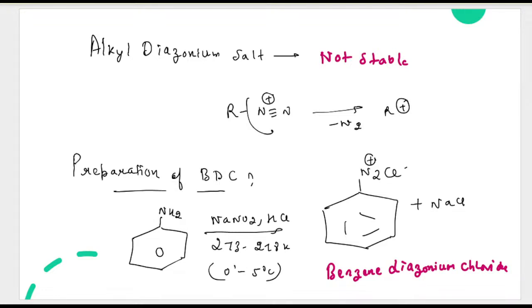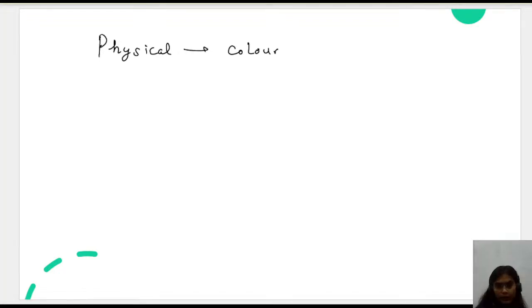Now let's continue further. After the preparation part, the physical properties, like the color and so on, as a kind of introduction. Color-wise, it is colorless, which means no color.